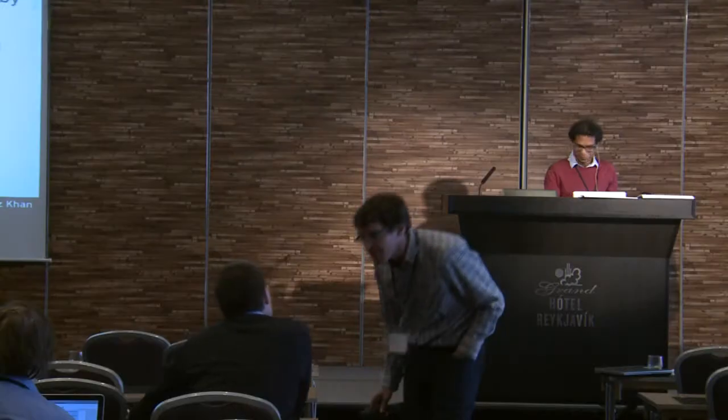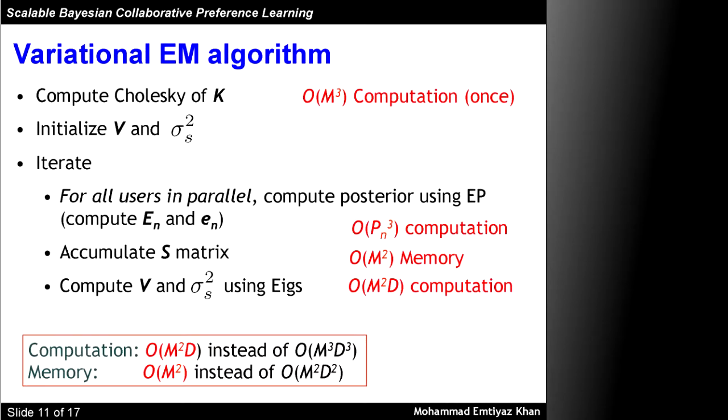But on slide 11, you do the Cholesky decomposition, right? Right there at the first point. Do you need to do the full Cholesky for this one? Yeah, unfortunately, we have to. But you could do a lot of approximation. This problem arises because of this step.